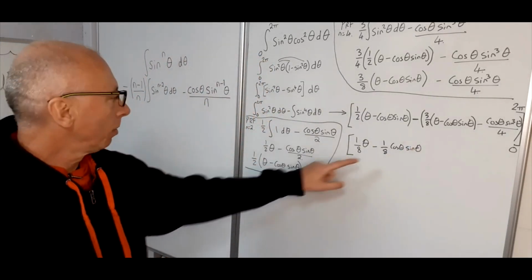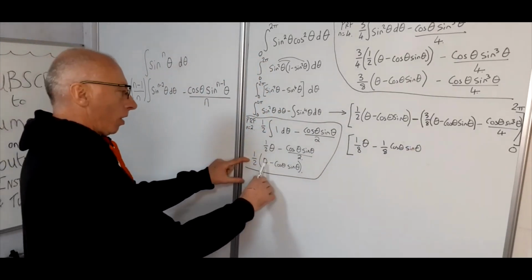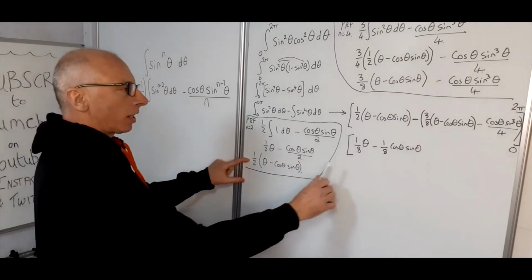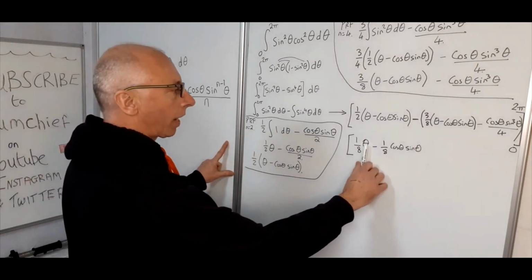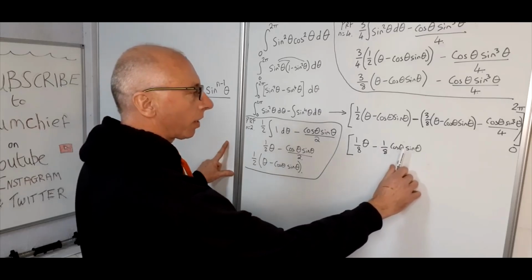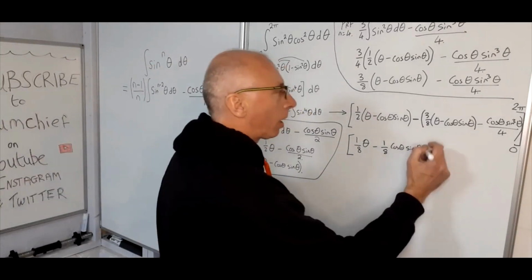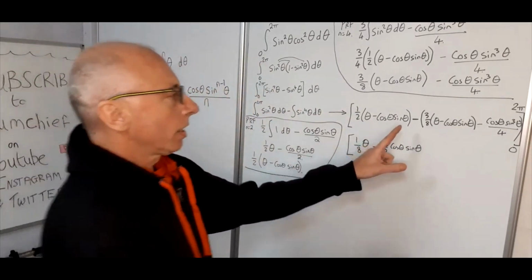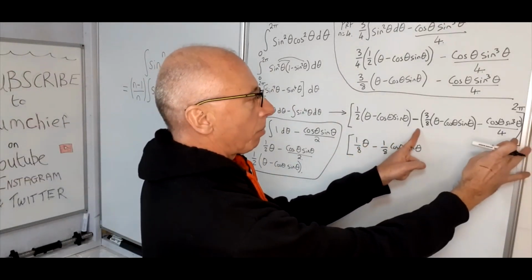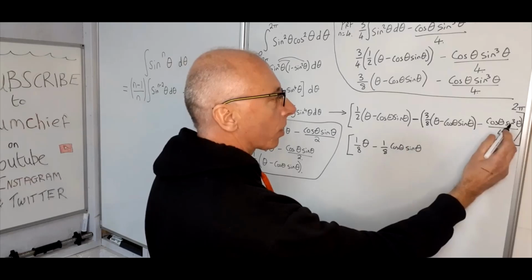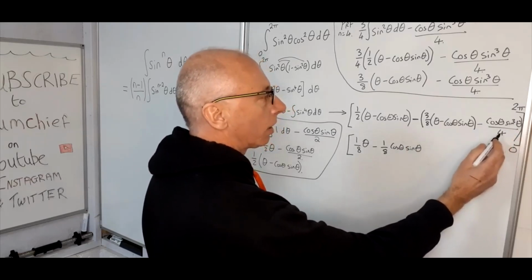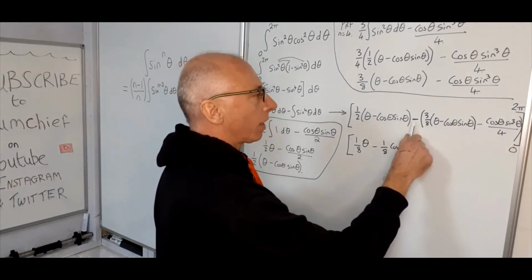Now that works well because we know here we've got theta minus cosine theta sine theta, and here if you factor out the 1/8 we've got theta minus cosine theta sine theta. So that takes care of that part of the calculation. Now the rest of this bracket, we've got minus cosine theta sine cubed theta over 4, and we've got a minus here.